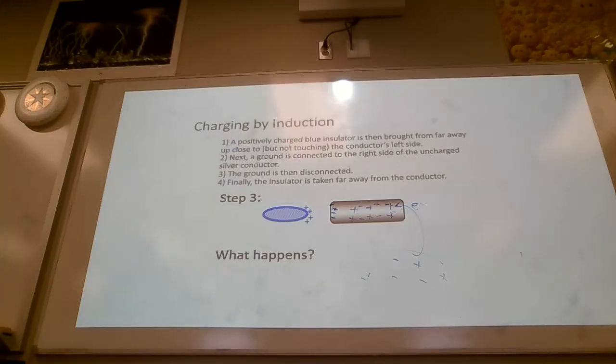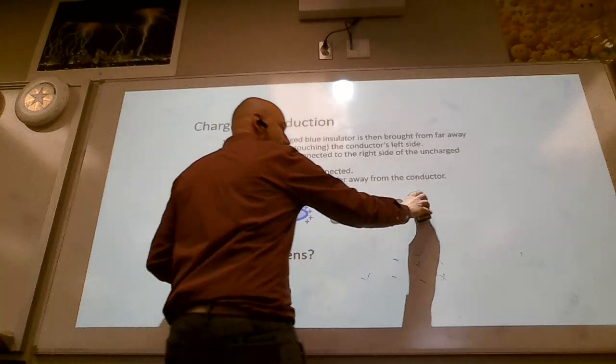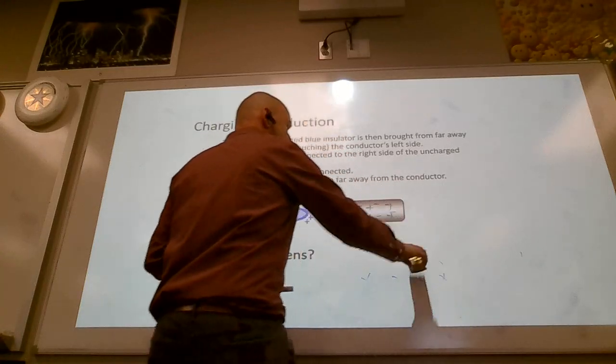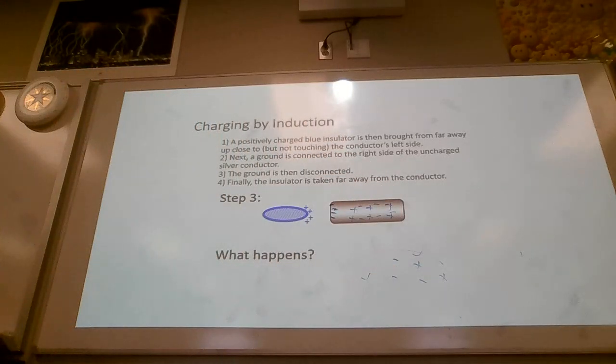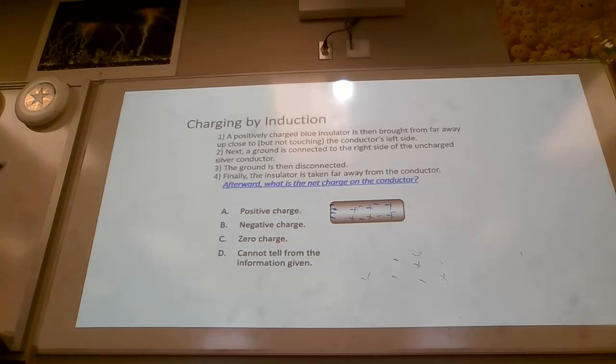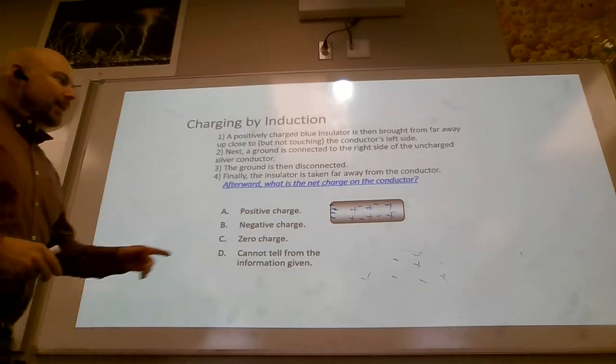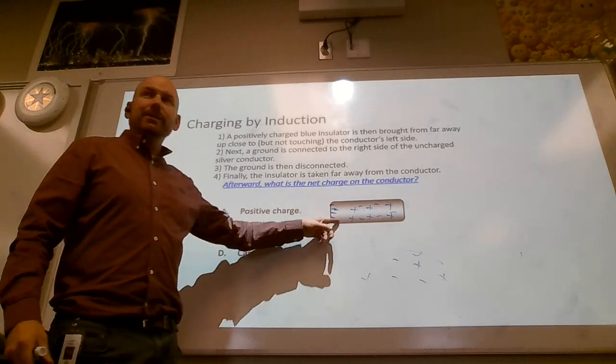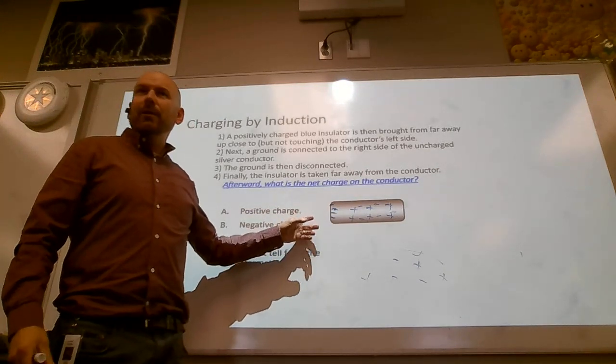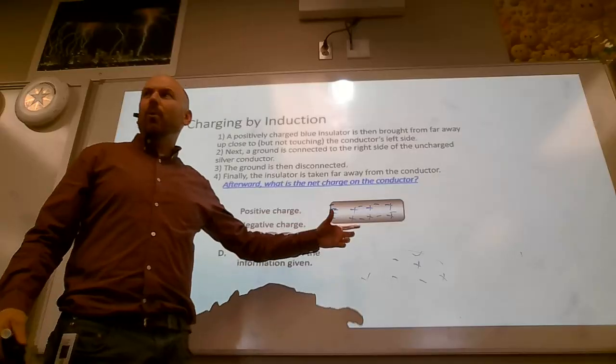And then we take away the ground, so the path for transferring is no longer available, and then we take away the positively charged object, and the electrons that were enticed to come over here can't go back home.